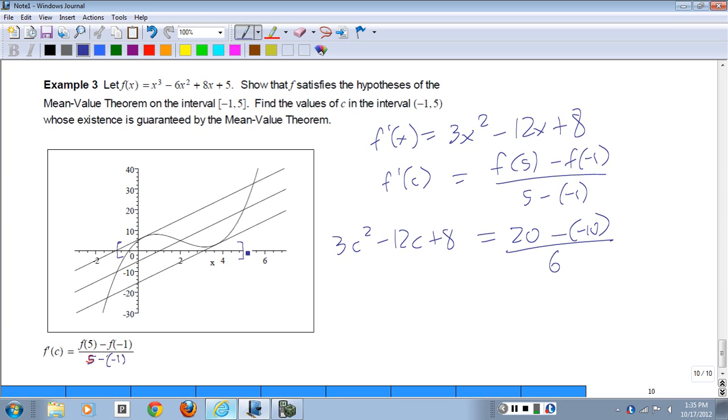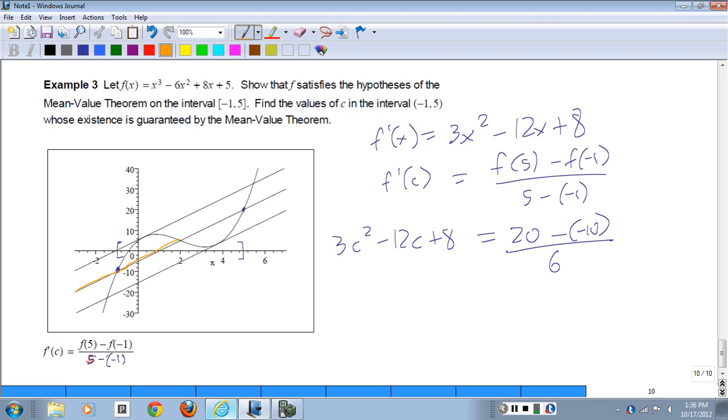Does it look like f of 5 equals 20? Maybe. That looks like the y coordinate could be 20. And how about f of negative 1? Does it look like that could be negative 10? I think maybe so. So we want to find values of c that are equal to the slope of the line connecting those two points right there.